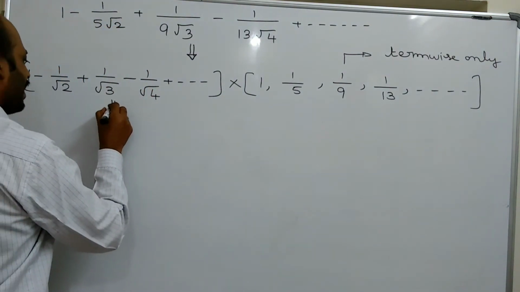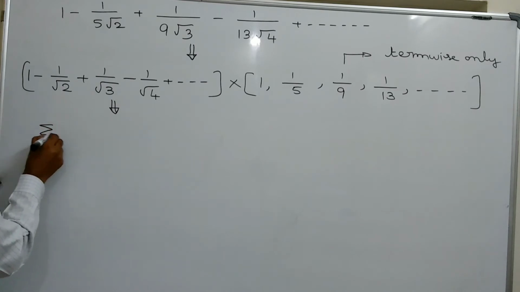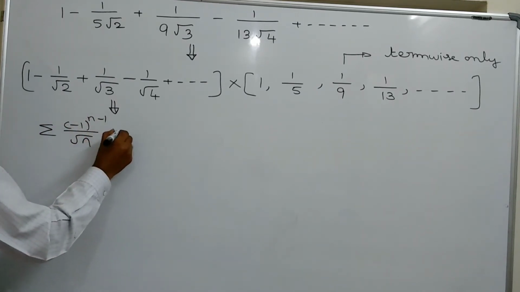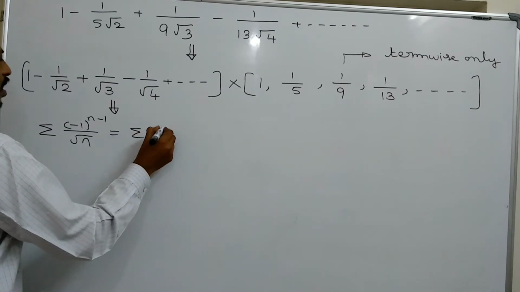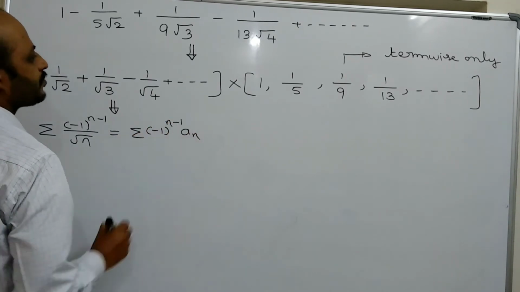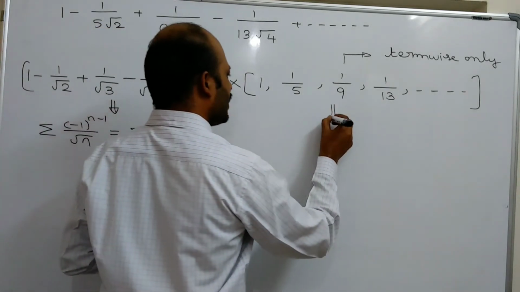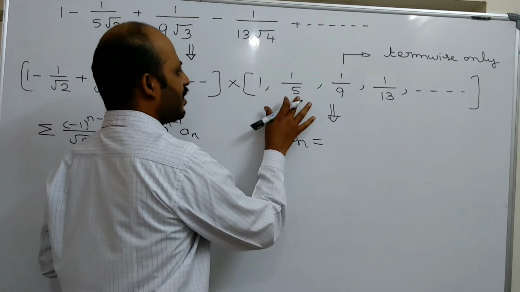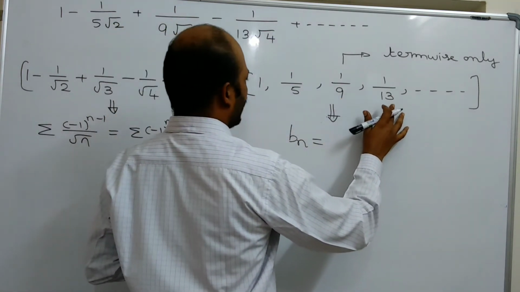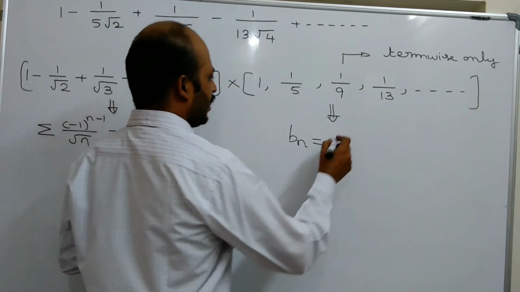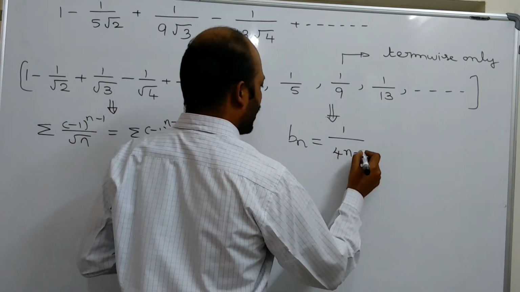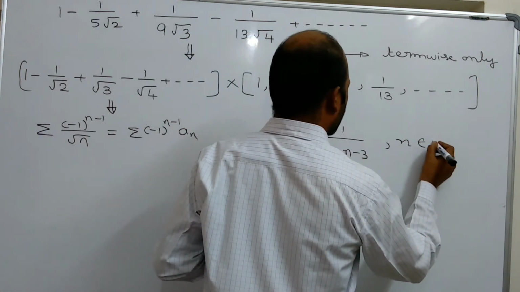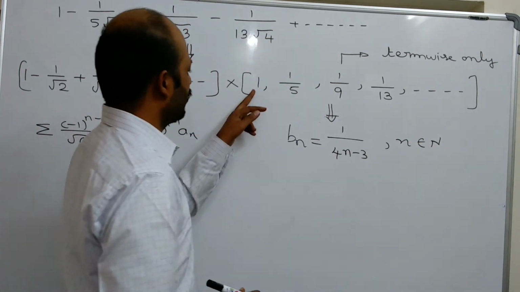This is nothing but an alternating series, summation (minus 1)^(n minus 1) by root n. This is an alternating series. And here the sequence can be written as Bn is equal to, observe the denominators, 1/5, 9, 13, that is 1/(4n minus 3), n belongs to capital N. Put n equal to 1, you get 1.